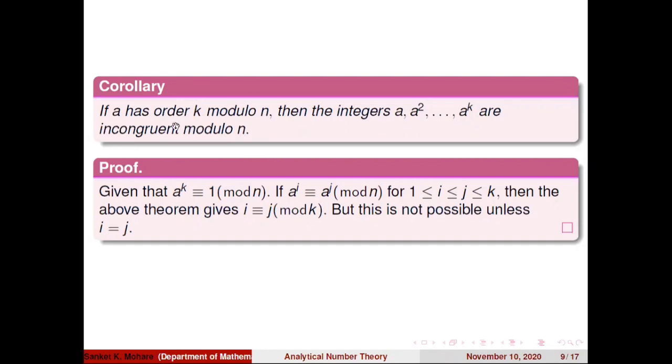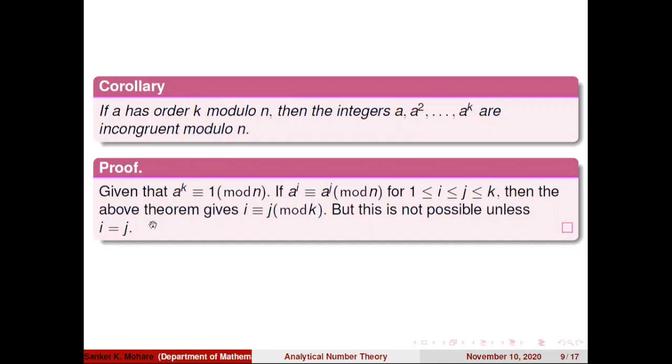Means whenever an integer a has order k, that is a to the power k is congruent to 1 modulo n, then its powers like a square, a cube up to a to the power k, all are incongruent modulo n. So this is an important corollary for the next theorem. We will use this corollary to prove the theorem.